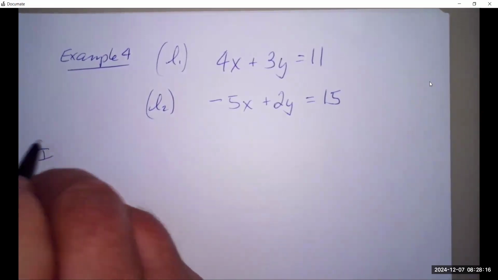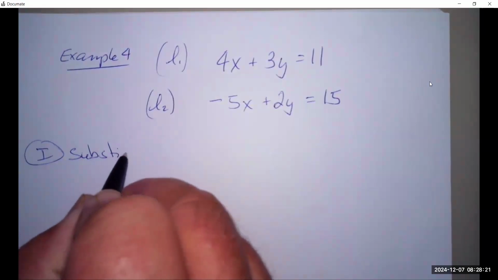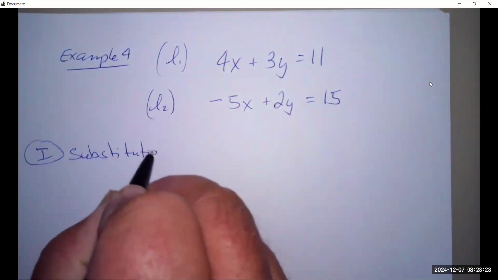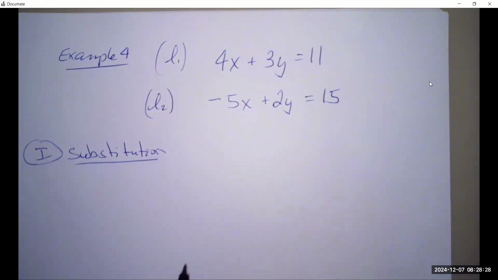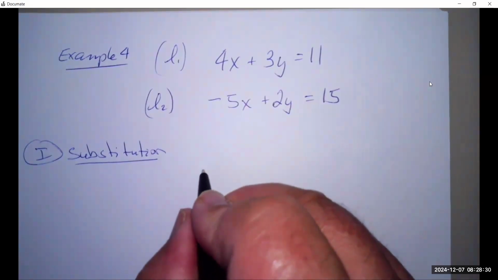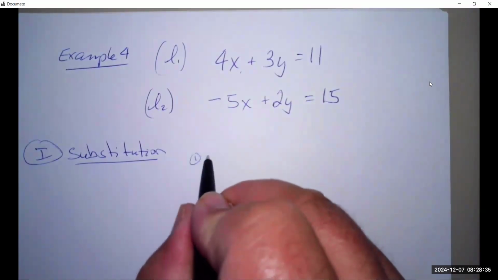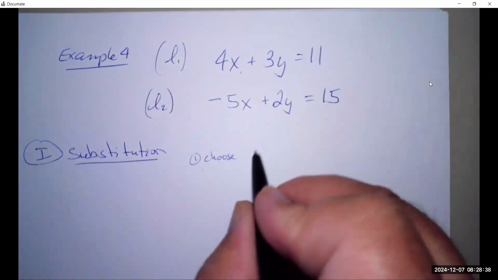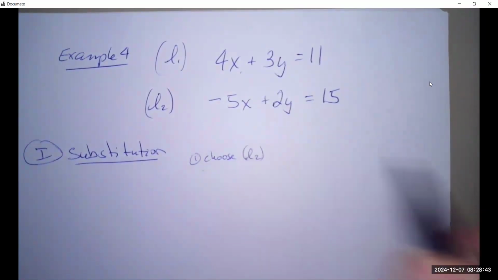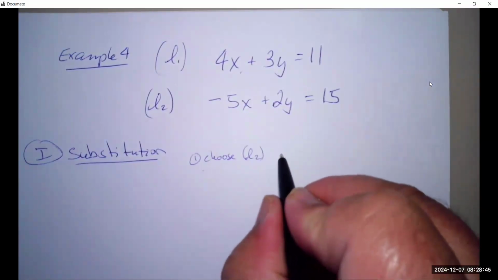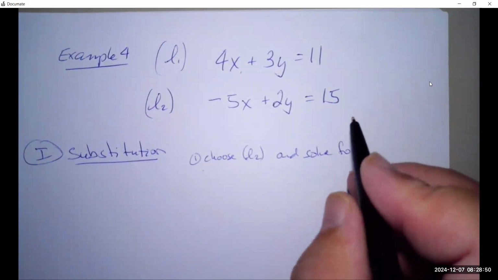So the first we're going to do here is substitution. So in substitution, we choose one of the two lines. So step 1, let's do line 2. Choose line 2 and solve for a variable.